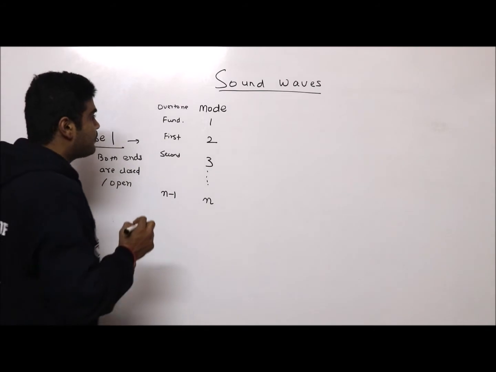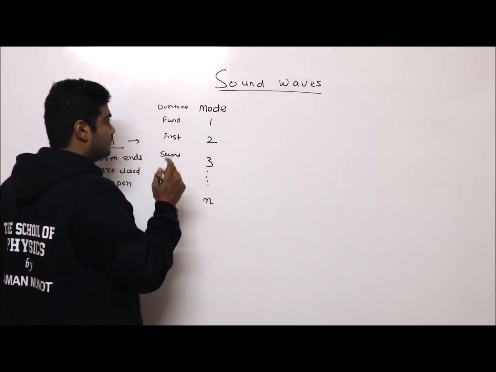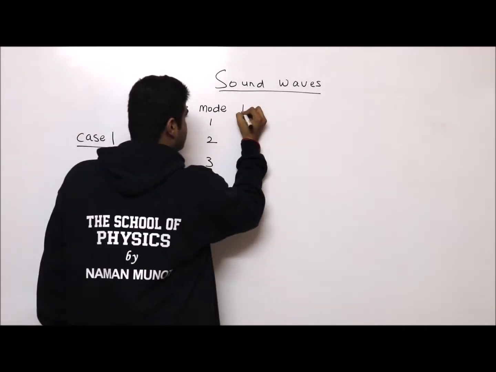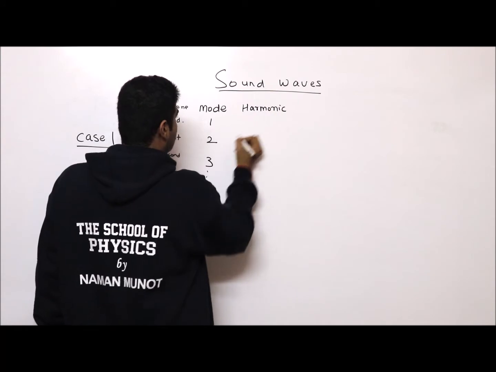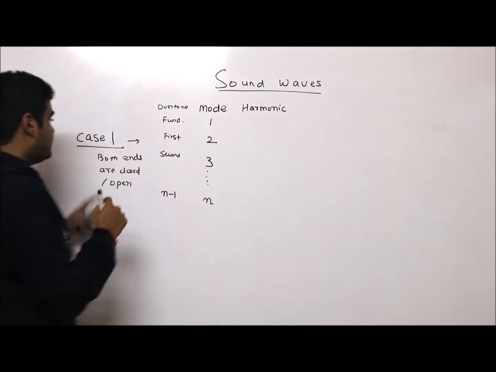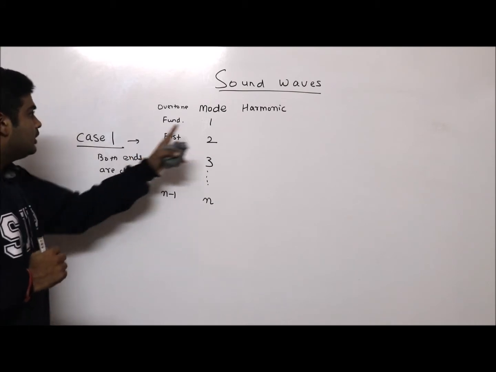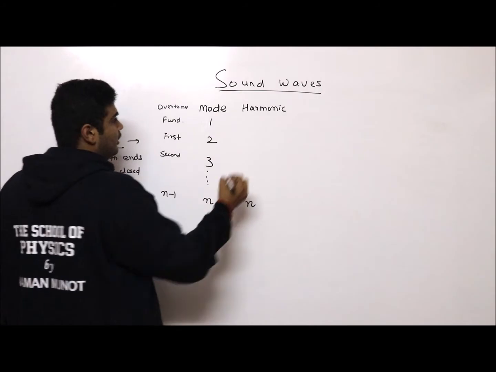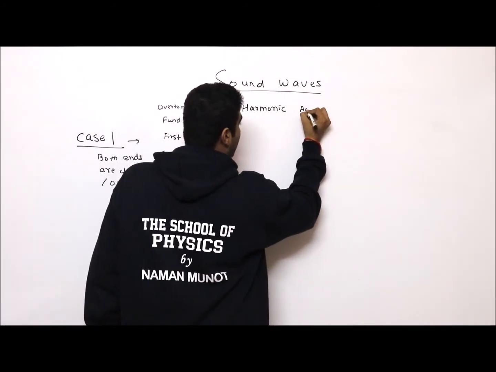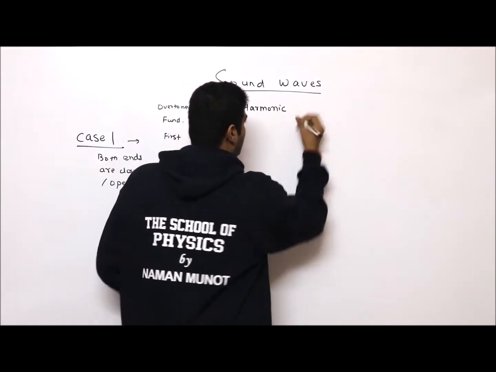The next thing that comes is the harmonic. When both the ends are either closed or open, if the mode is n, then the harmonic is also n. Then the next thing we see is node or antinode.